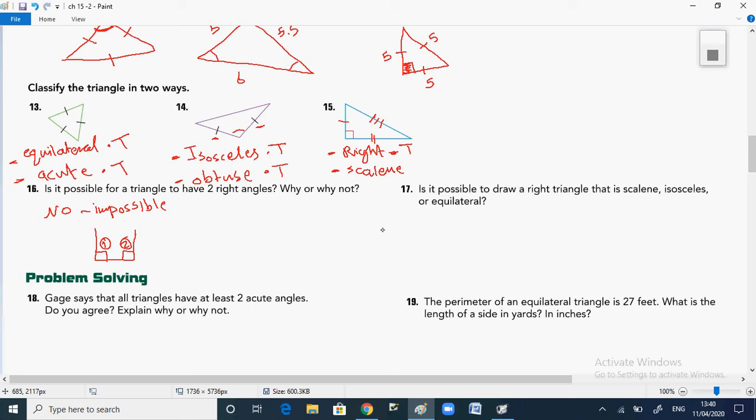Now, question number 17. Is it possible to draw a right triangle that is scalene, isosceles, or equilateral? Scalene or isosceles here I can say, but not equilateral. Scalene like this.